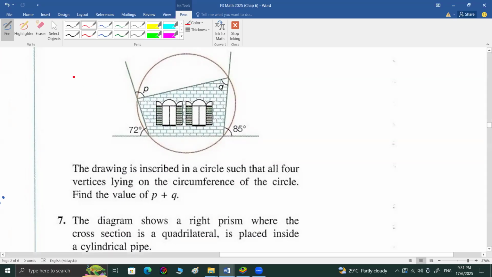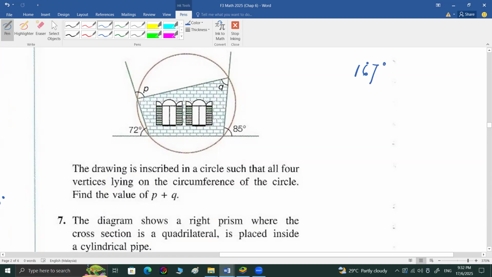Okay, can I have an answer for P plus Q? Not yet. If any of you have done, show me your answer for question 6. You got 167.